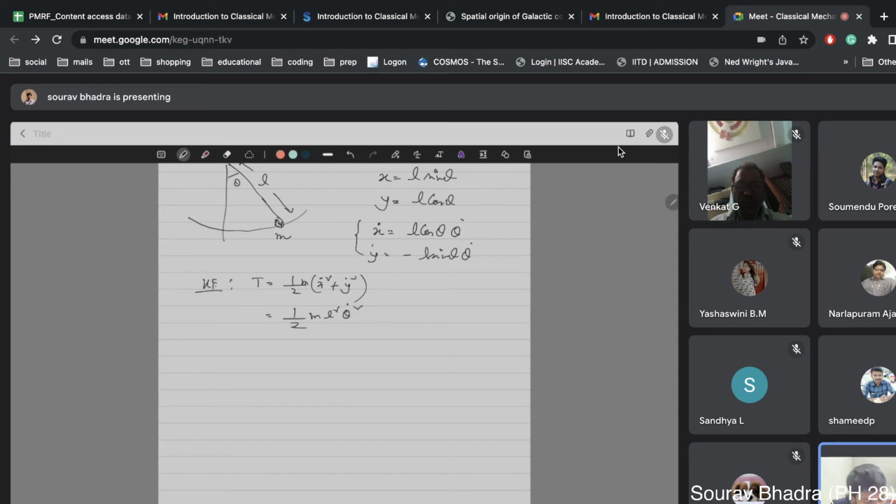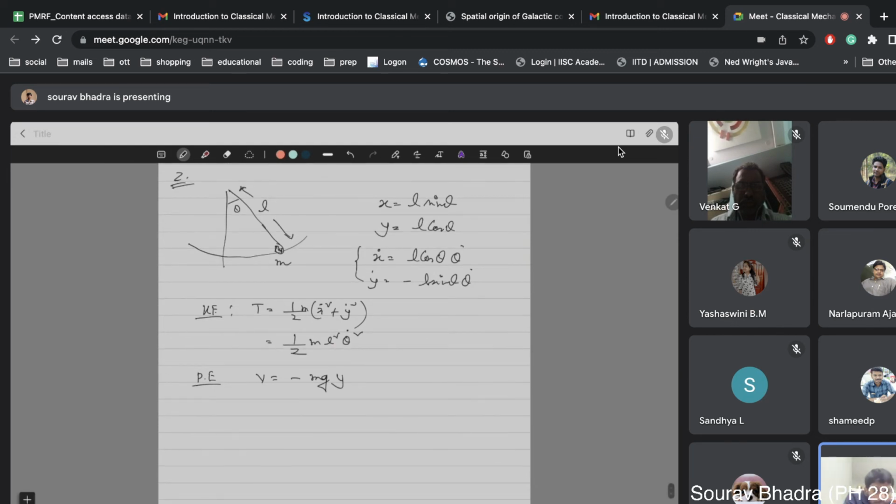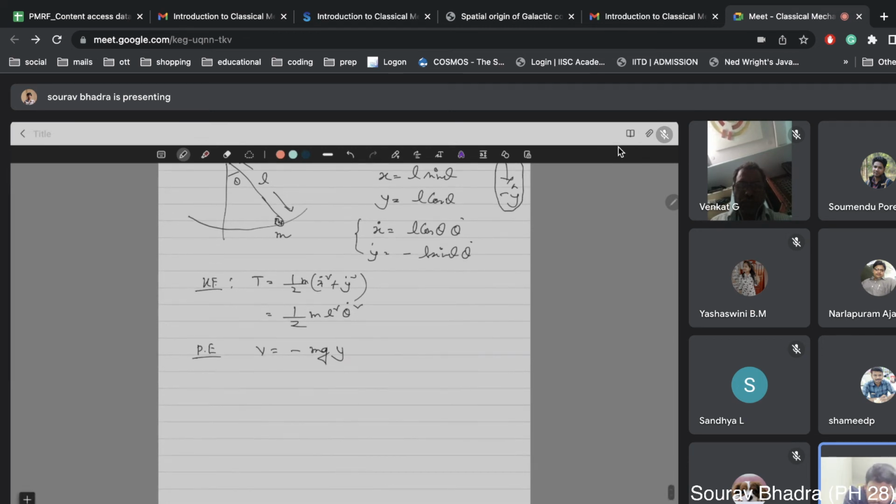The potential energy V is minus mgy. Why minus? Because we are taking this downward gravitational force as the minus y direction. You can take it as z also, that doesn't matter.